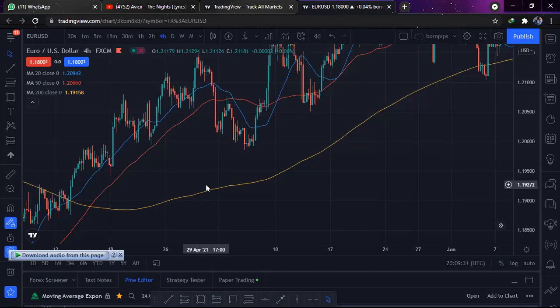So anyone can choose the number of MAs that you want to use? You can choose a million, but what we are illustrating today, we are using just 3. You can choose any amount, but we are focusing on the strategy we are learning today, which uses only 3 moving averages: 200, 50, and 20.